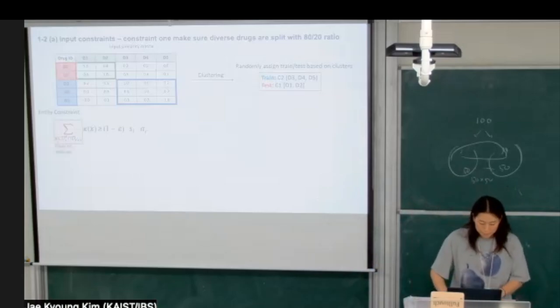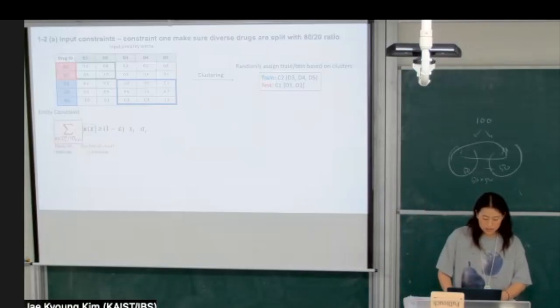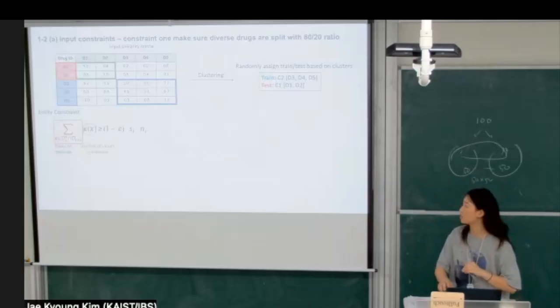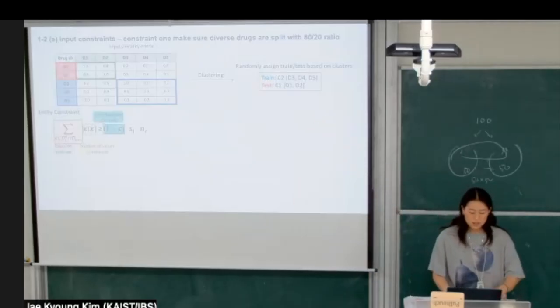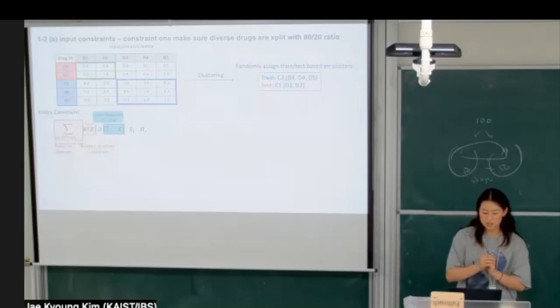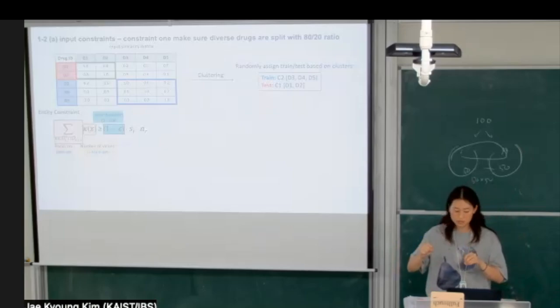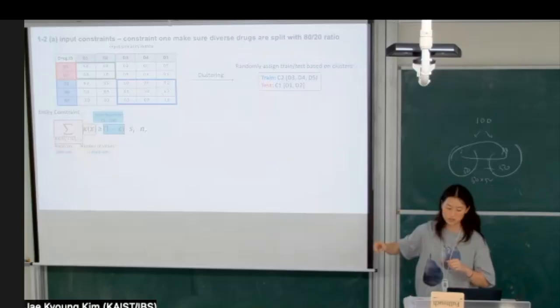First, we want to focus on the train set. And then the kappa x will be the number of values in the train set, so the number of data points is 3. And then we want to add a small error deviation, some room, because sometimes it's impossible to be exactly 80%, 20%. So we give some room and include the error deviation.